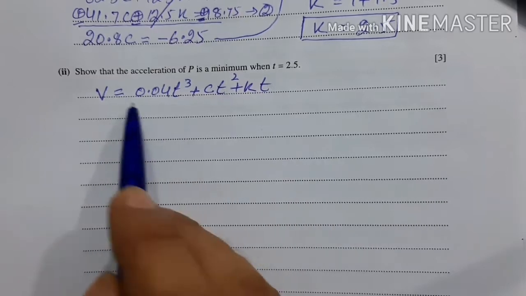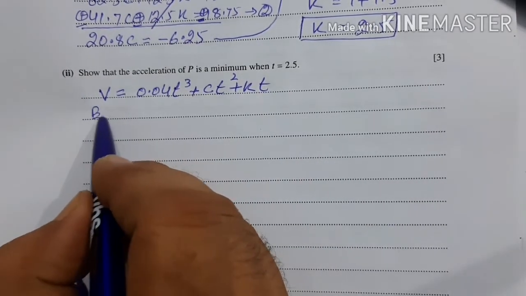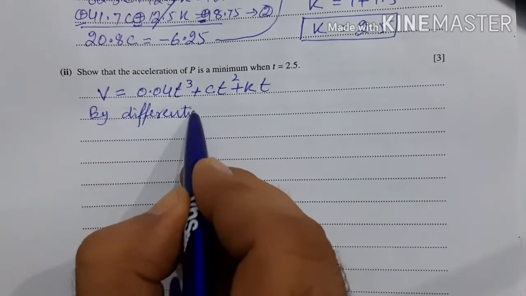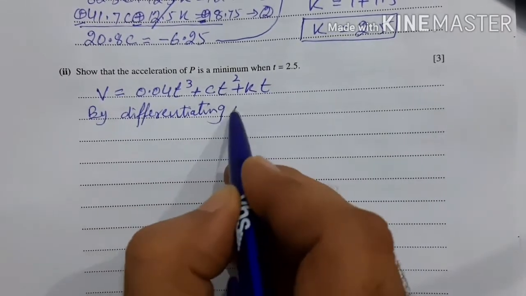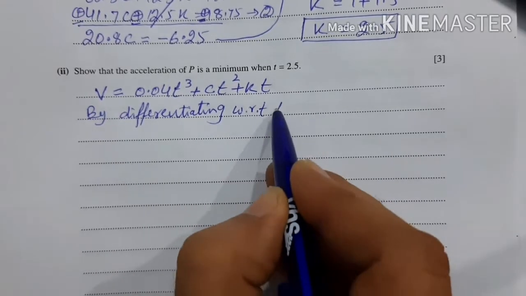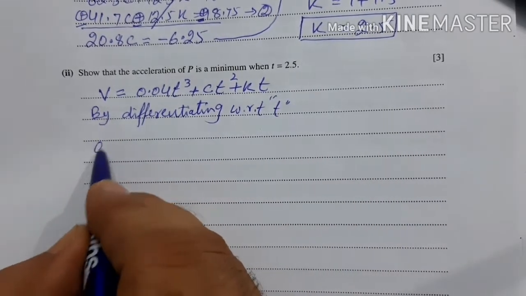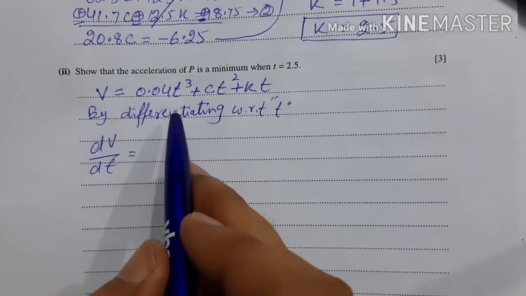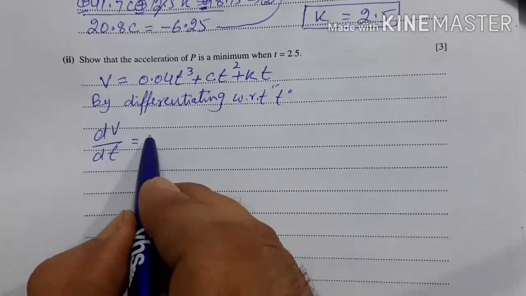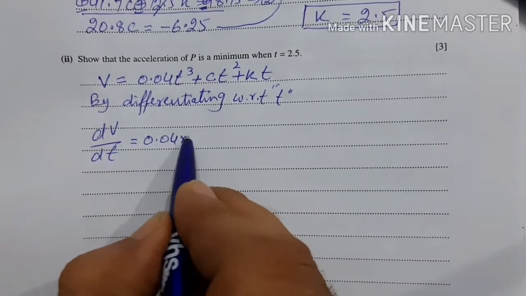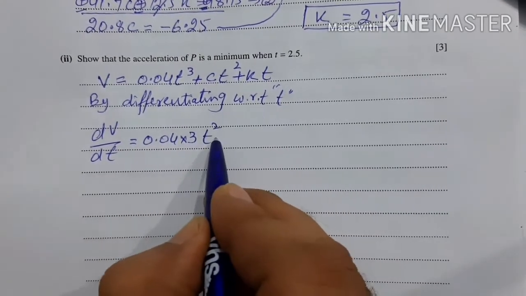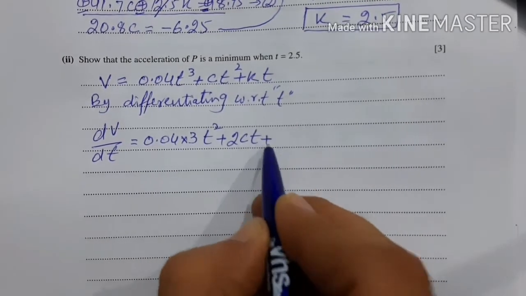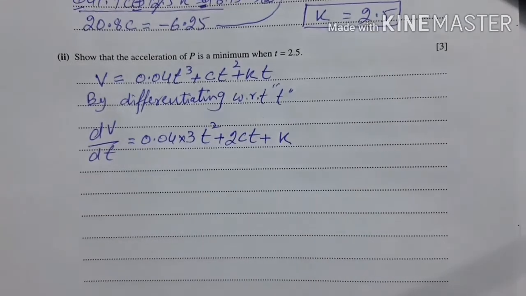So I'll differentiate with respect to t. So by differentiating with respect to t, this will become dv by dt is equal to 0.04 into 3t squared plus 2ct plus k.